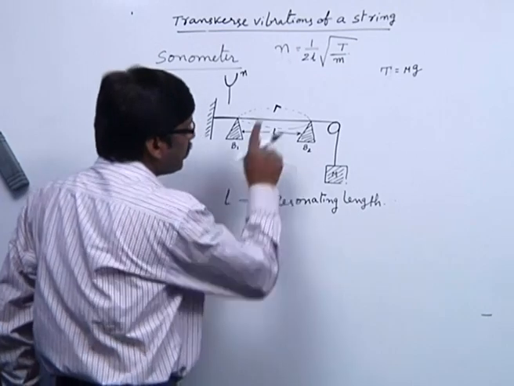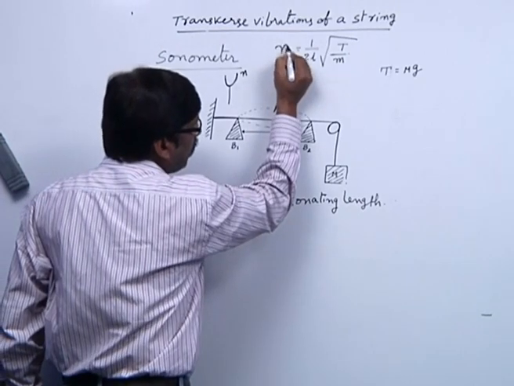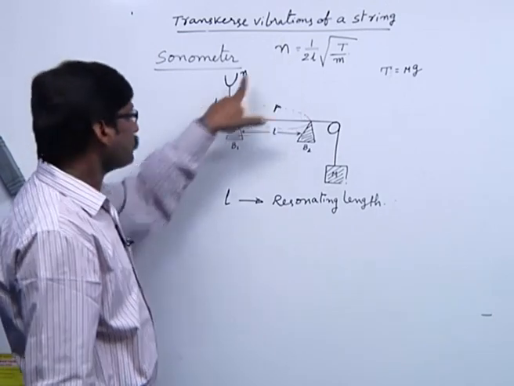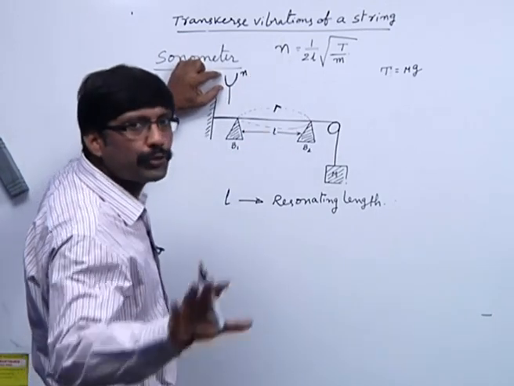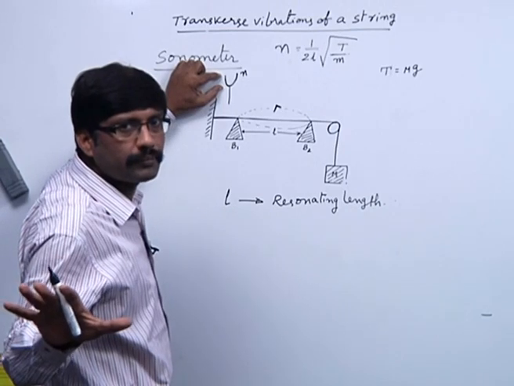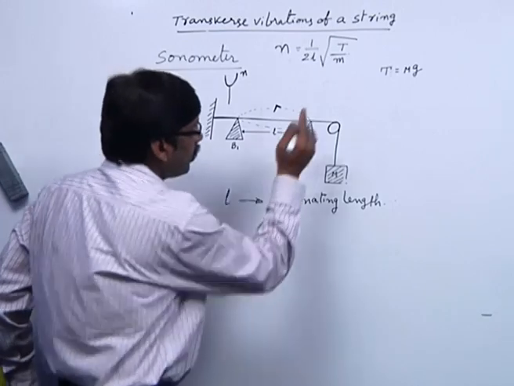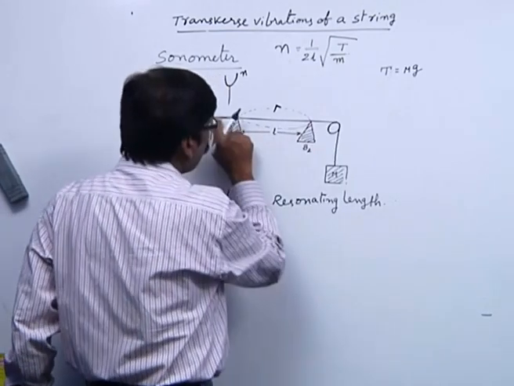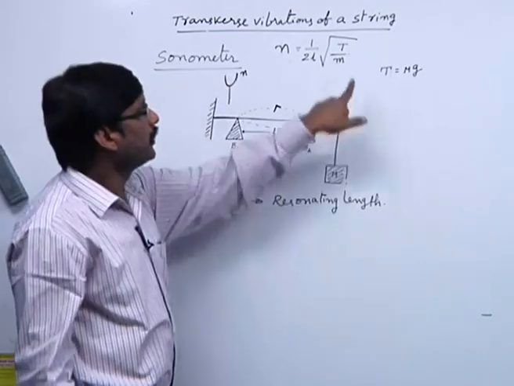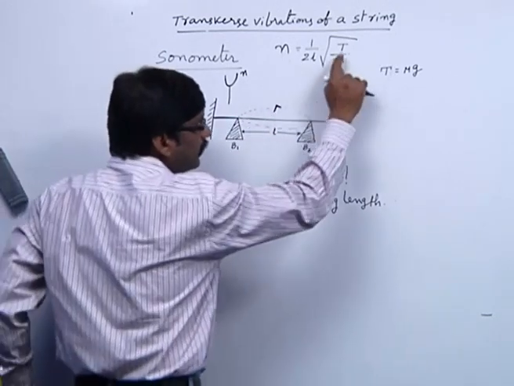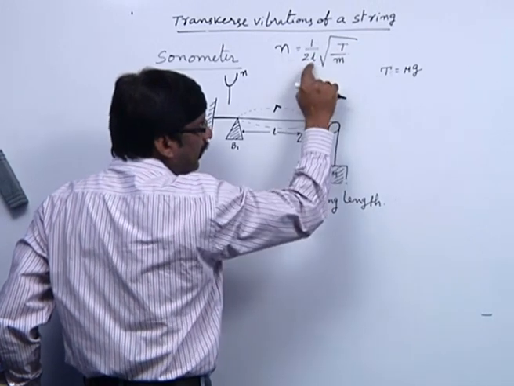Now, what I am doing here is keeping n constant. I use the same tuning fork throughout my experiment, and the same wire, so linear density remains constant. I will study the relation between T and L.